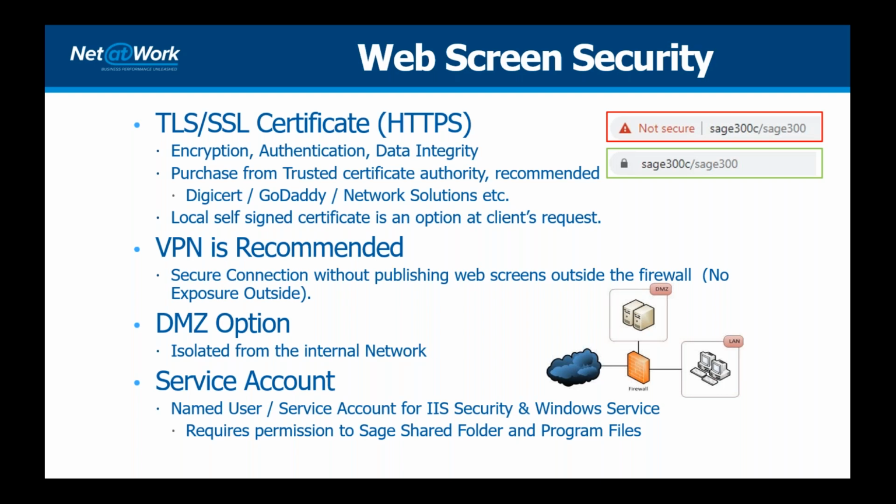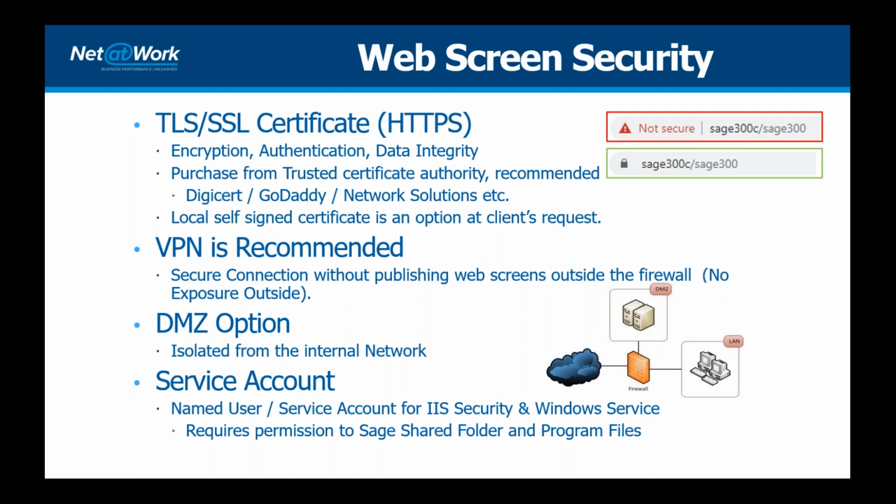So once we have a certificate, we install that on the server, we make sure the site's secure, and then we're ready to set up remote access. And for that, VPN is recommended. And the reason it's recommended is that there's no additional exposure outside with a VPN.